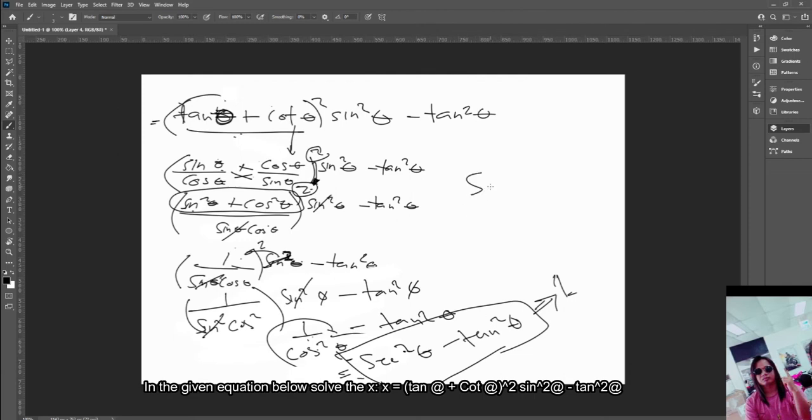So write it down there: secant squared theta minus tangent squared theta is equal to 1. Okay, guys, so the answer to this equation is 1.